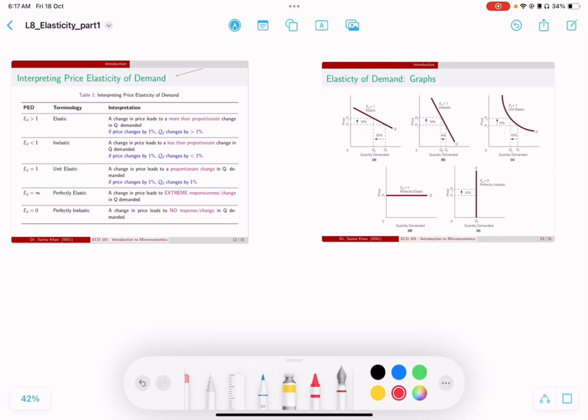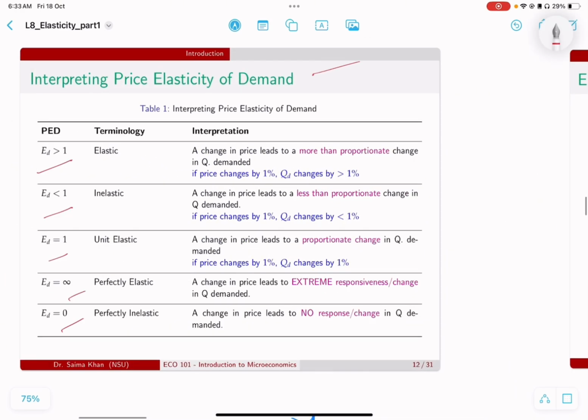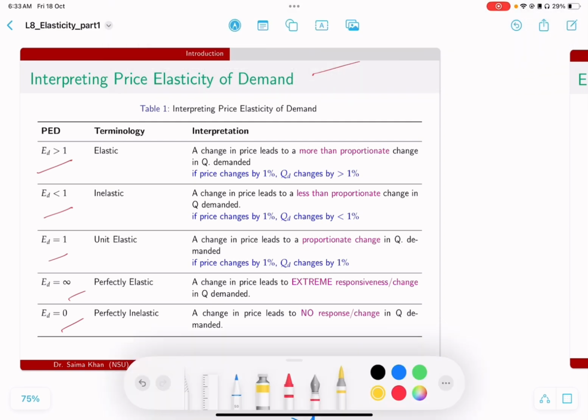So in this video, we are going to focus on this. What I want you to focus on now is how to interpret the number. When we're saying that elasticity of demand is more than one, we're dealing with elastic demand, right? Remember, I already told you this means that percentage change in quantity demanded is greater than your percentage change in price.